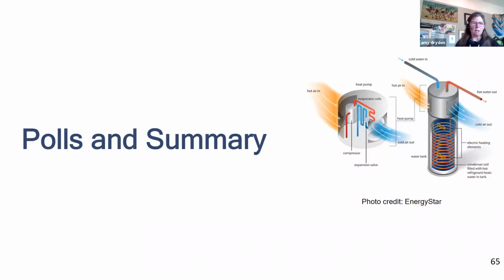The heat pump water heater is pulling heat out of the air, and so it's minimizing electrical use for heating. We were talking about efficiency factors of a minimum of 2, but generally what we're seeing is on average 3 and even higher.